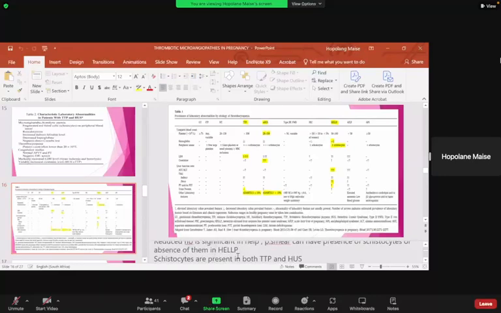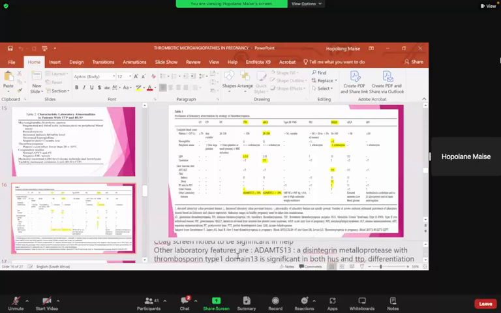Schistocytes are present in both TTP and HUS. The LDH level is usually more elevated in TTP. The creatinine levels are mostly elevated in HUS compared to the other two differentials. The transaminase levels are significantly elevated in HELLP syndrome, and the coagulation screen is noted to be abnormal in HELLP.